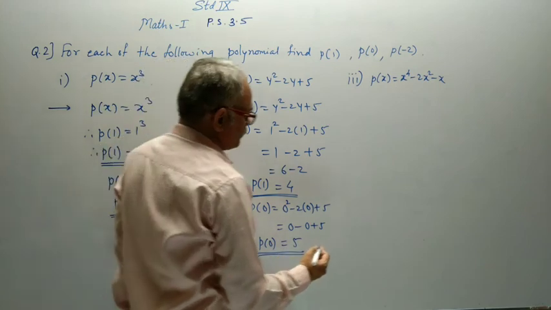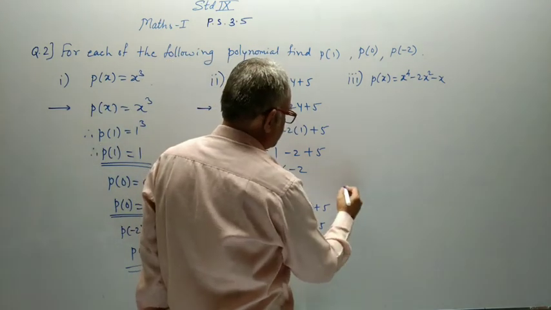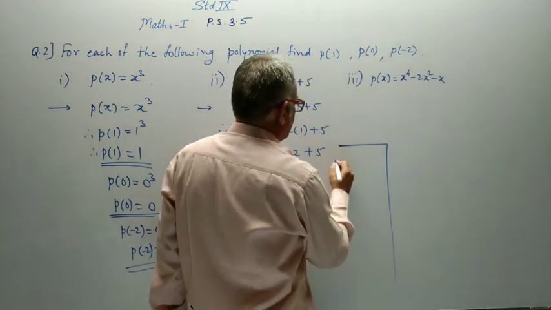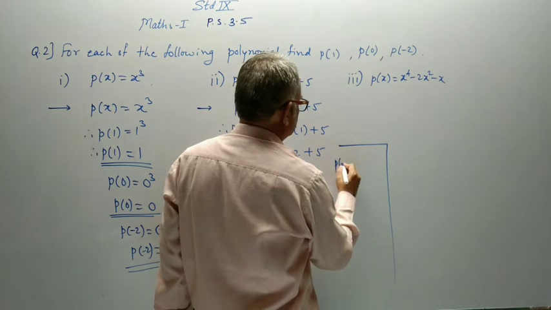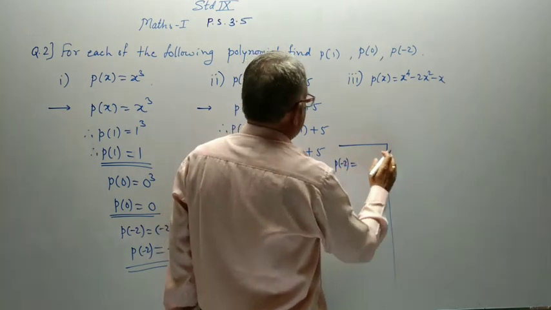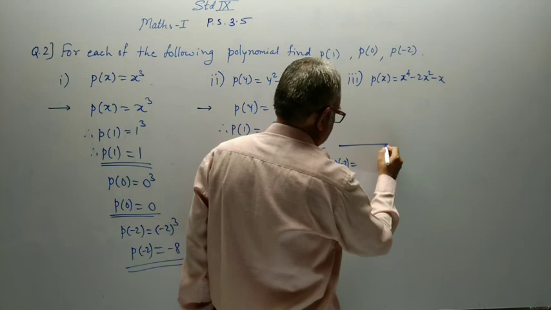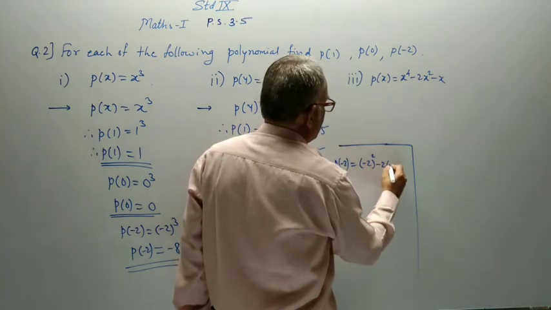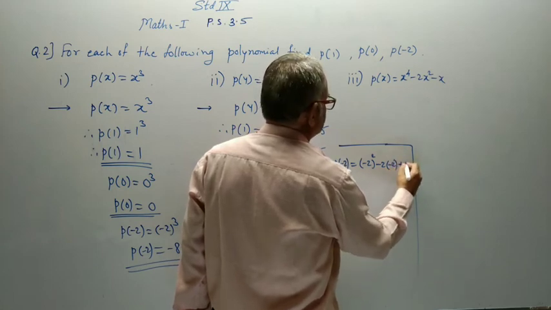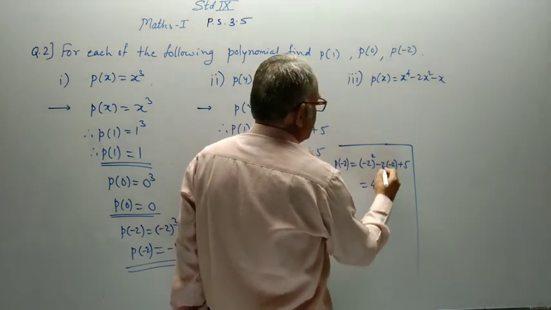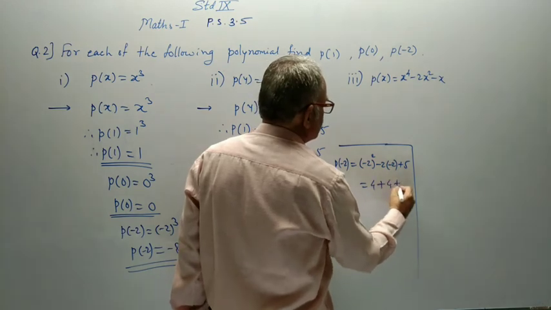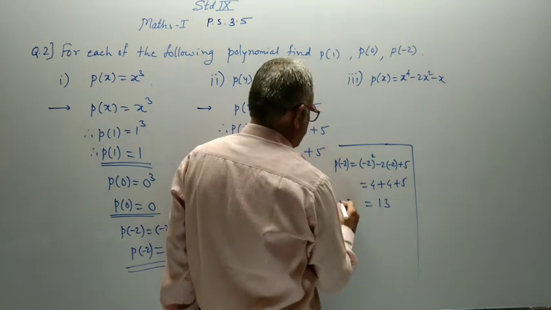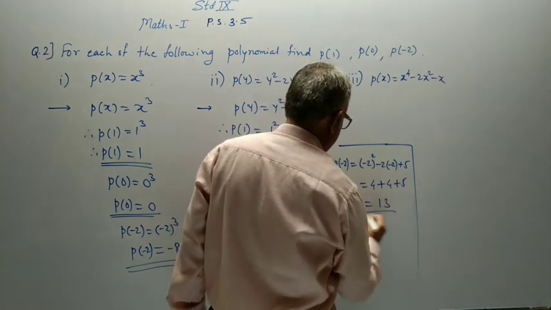P of minus 2 is minus 2 square minus 2 into y, which is minus 2 into minus 2 is plus 4, plus 5. Minus 2 square is 4, minus 2 into minus 2 is again 4, plus 5. 4 plus 4, 8, plus 5, 13. Therefore, p of minus 2 is 13.